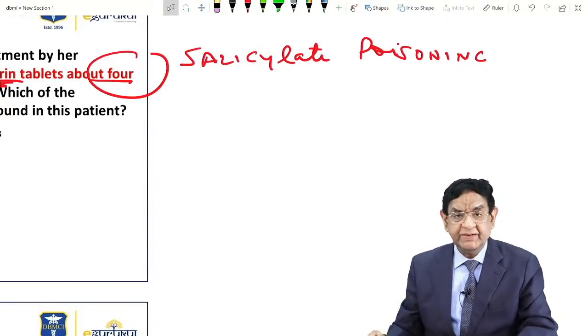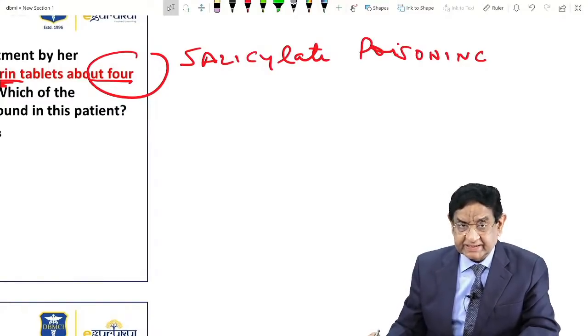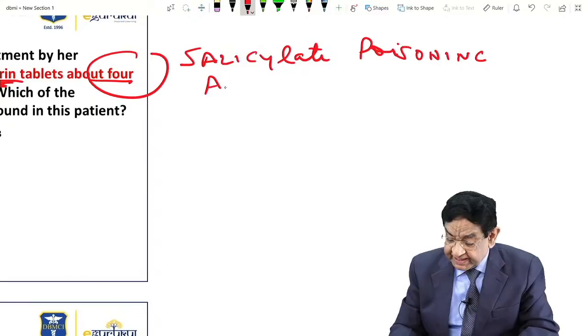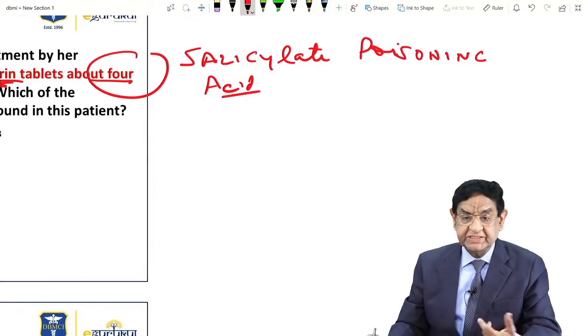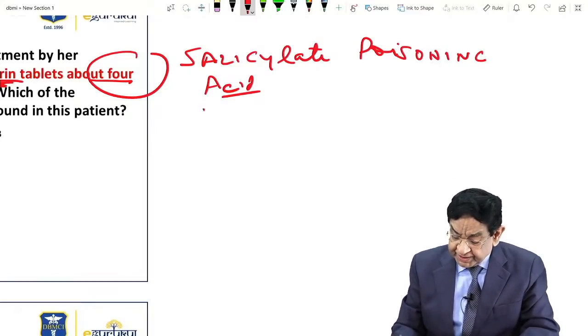Salicylate, which is aspirin, which is acetyl salicylic acid, is nothing but an acid. So when it is ingested, immediately it will lead to metabolic acidosis.